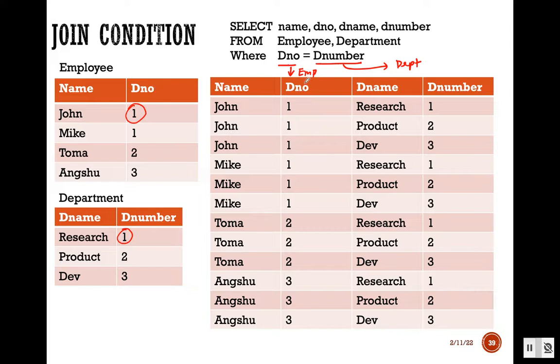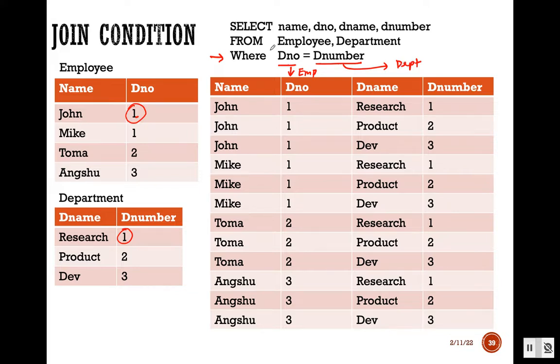All right, a join condition is one which connects more than one table. When I use this join condition, it will find where the DNO of John, 1, is the same as the D number from the department table.